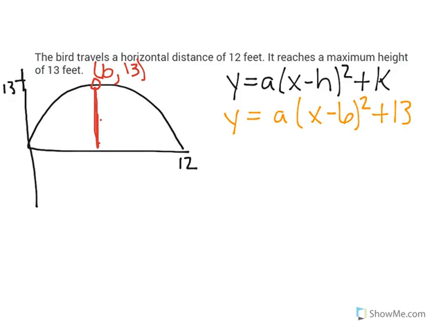Now it doesn't really tell me a starting point here. It just tells us that it traveled a horizontal distance of 12 feet. When it doesn't give you a starting point, you can assume that your graph started at 0, 0. And so that's the point that I'm going to use in order to help myself solve for A. So I'm going to plug in 0 for y and 0 for x.